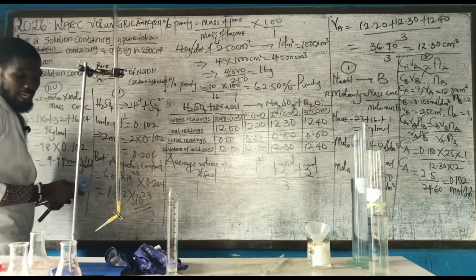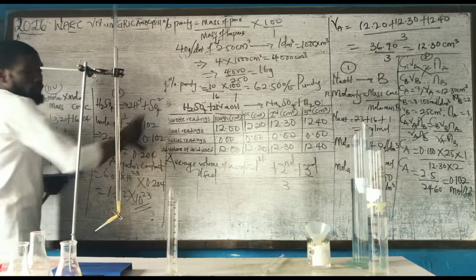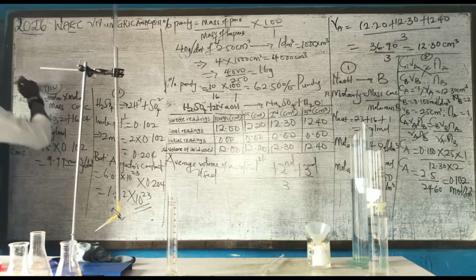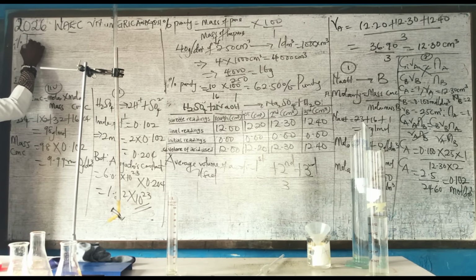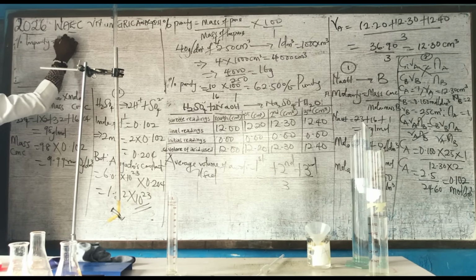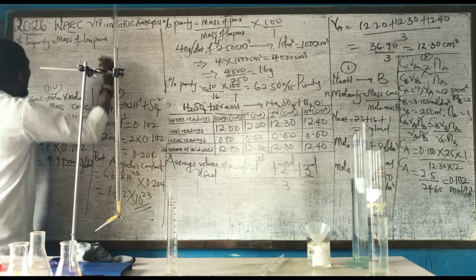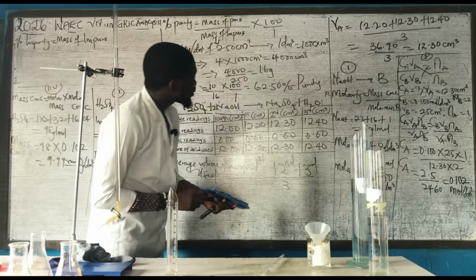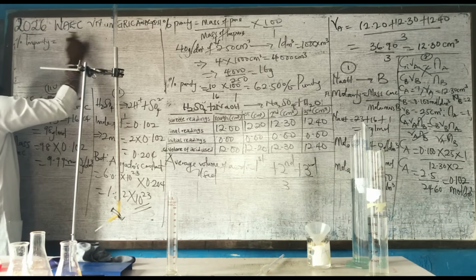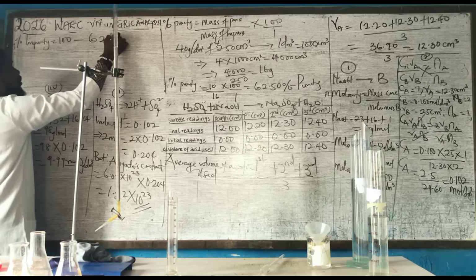Now, for us to have the value for impurity, I will have to clean this part. We can solve it in two ways. We can say percentage impurity equal mass of impure minus mass of pure, or for impurity, you can say 100 minus the value you have here, which is 62.50.